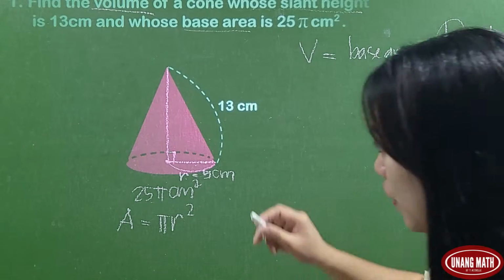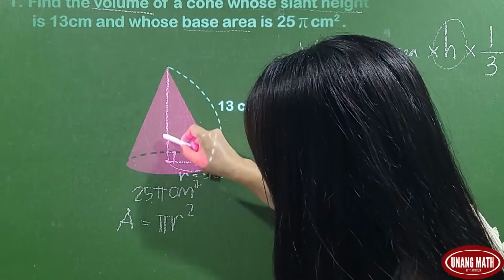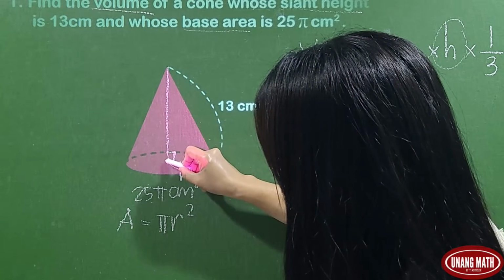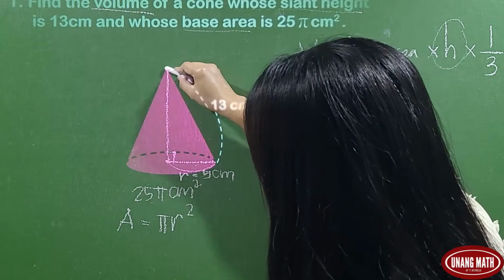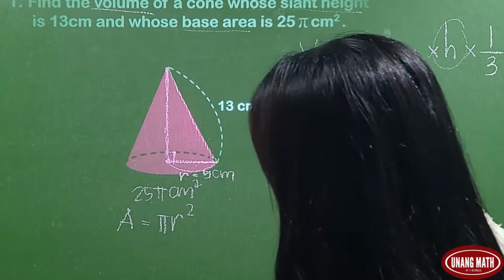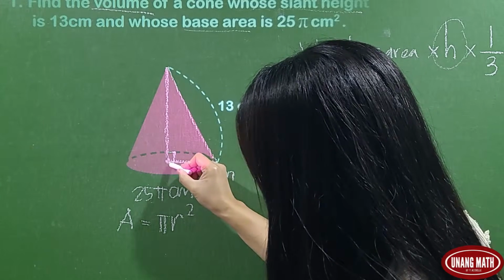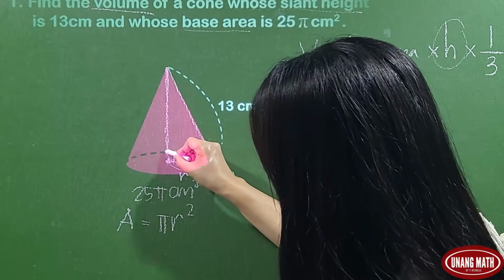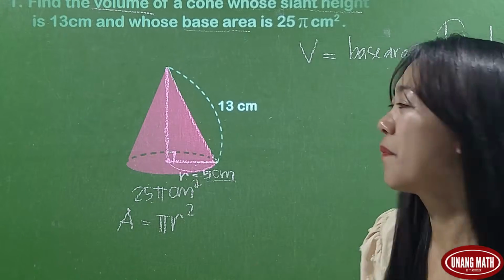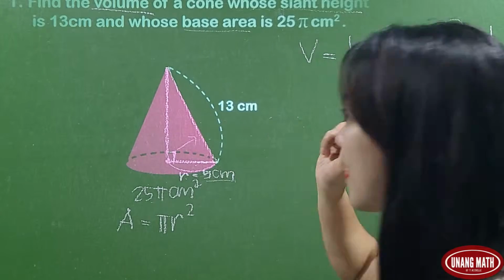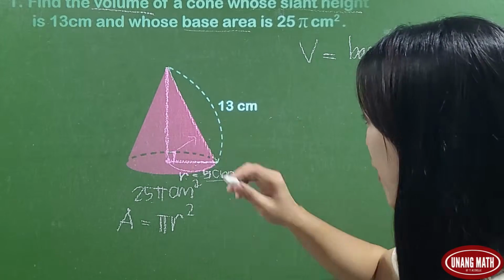centimeters. Looking at this height of this cone, when we draw this perpendicular line or this height, we created here a right triangle. And as I mentioned, this is 5 centimeters. Since this is our right angle, the opposite side or this side is the hypotenuse of this right triangle.